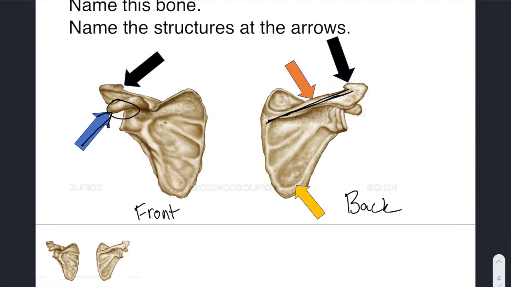Now your coracoid, you can even feel your coracoid process actually. All you want to do is imagine you're feeling your clavicle, feel your clavicle in the front, and then go out laterally, and keep pressing your clavicle and going out laterally, moving towards the edge of your shoulder. This coracoid process, I'm going to make a really crappy drawing here, but it's going to connect with your clavicle out laterally.